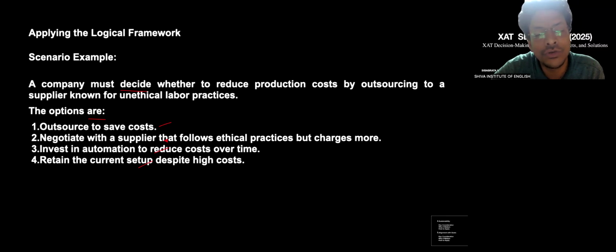Now just go to the fourth one. What do you find? Retain the current setup despite high cost. In this case also, the ethics would be aligned with ethics, right?